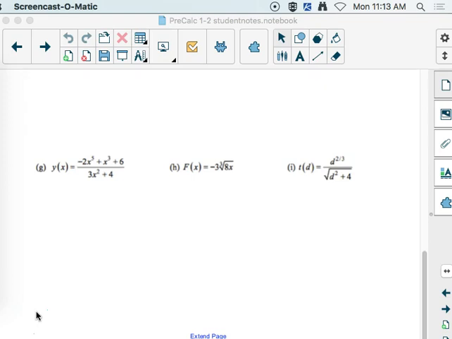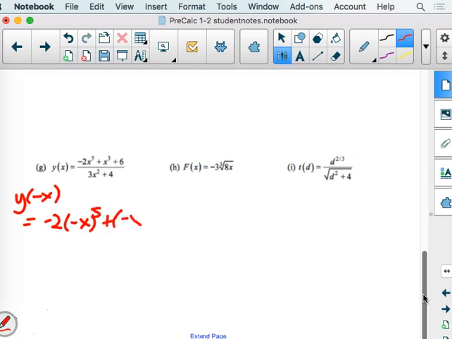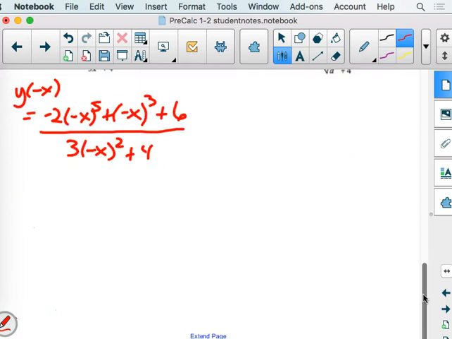So for D, we will go ahead and put in a negative x and see what happens. So that will be negative 2 times negative x to the 5th plus negative x to the quantity cubed plus 6 all over 3 times negative x quantity squared plus 4. A lot of negatives there.